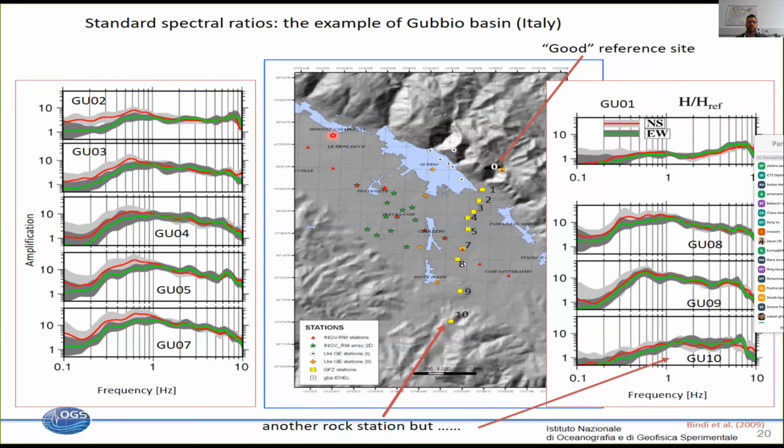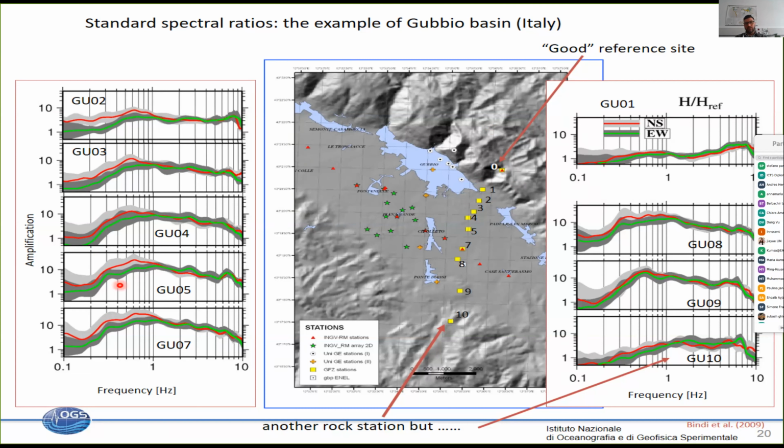Then we enter the valley, you see stations 2, 3, 4, and so on. And you see immediately that we have resonance frequencies which are becoming lower and lower. For example, at stations 05 and 07, which are more in the center of the valley, they go down to 0.3 hertz.